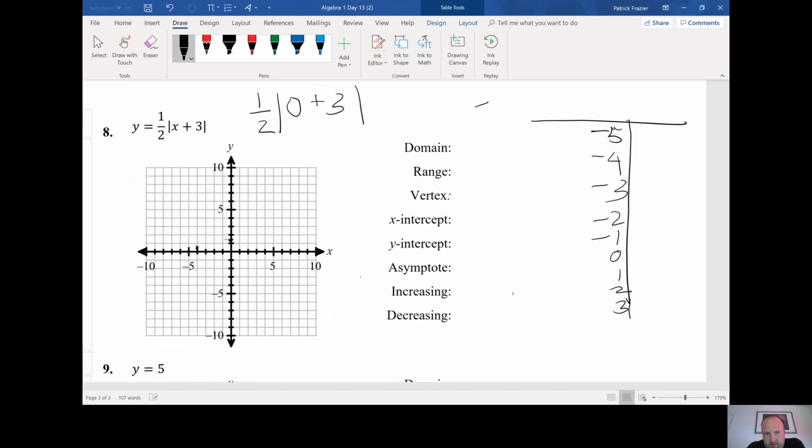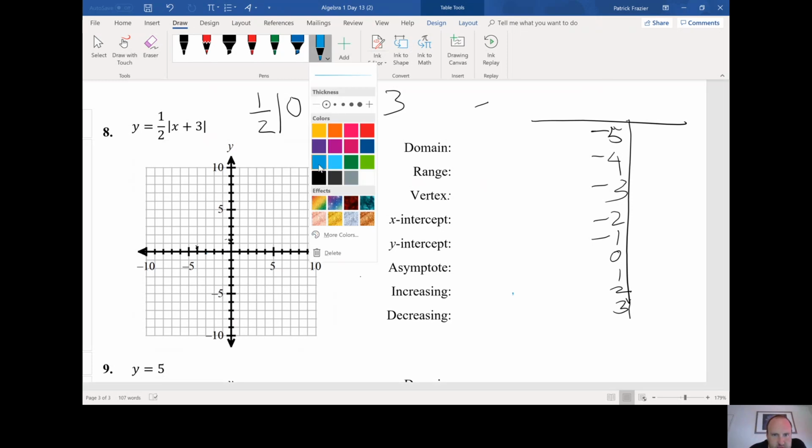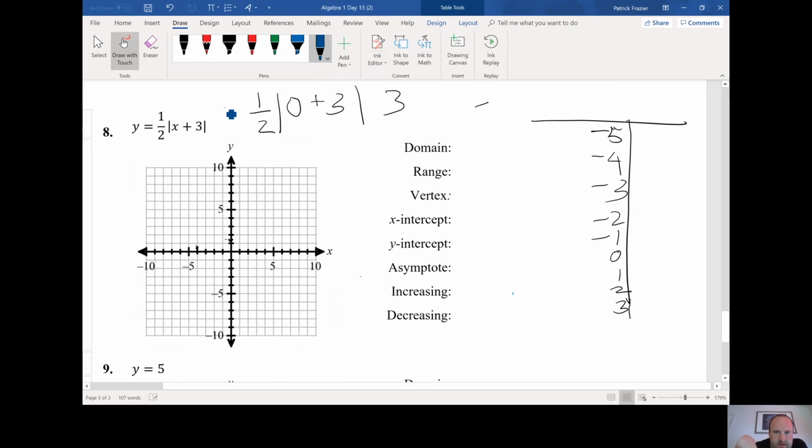Well, 0 plus 3 is 3, and 1/2 times 3 is 3 halves.